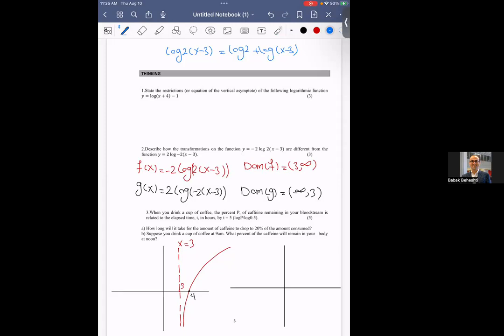So it's quite the same, except that it's something like this. Sorry, no, log of 2 times x minus 3, not 2 times that. This is log of 2 times x minus 3.